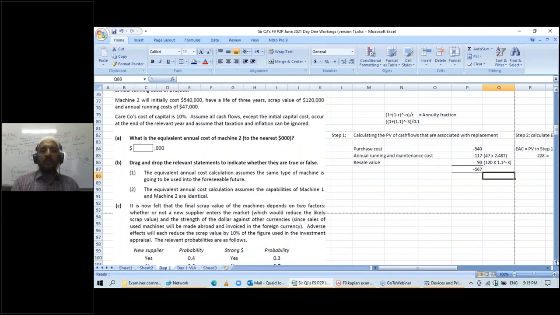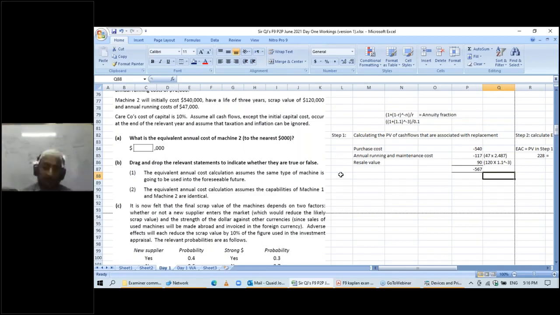Okay students, moving on to part B. According to the question, part B asks us to drag and drop the relevant statements to indicate whether they are true or false. The first: the equivalent annual cost calculation assumes the same type of machine is going to be used into the foreseeable future.